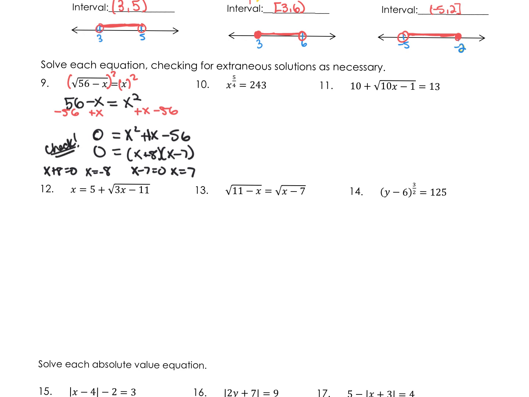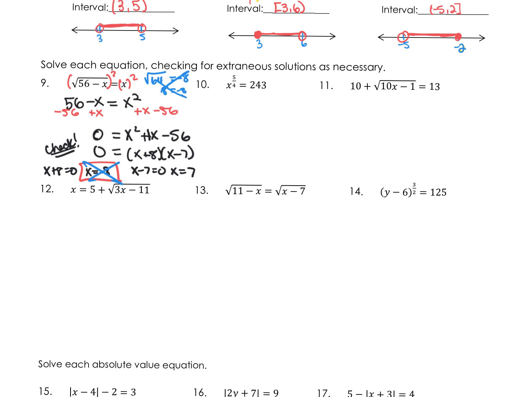When you check this one, you're going to get an issue. So if you plug in negative 8, you'll get the square root of 56 plus 8, which will be 64. And then you'll get 8 equals negative 8, which is a problem.